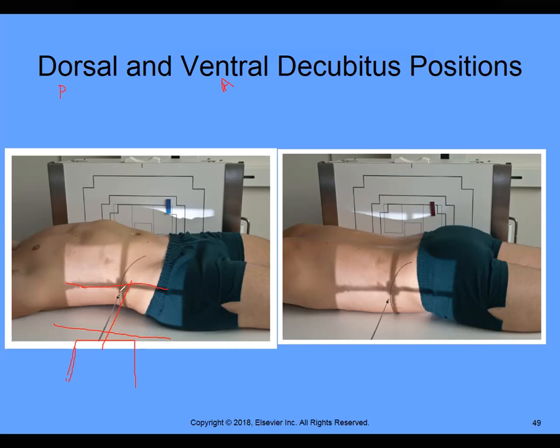And we're always going to describe the position by what is closest to the table. For example, this guy is lying down on his back. This is his dorsal, and this is his ventral. We don't refer to it as anterior or posterior. So this would be a dorsal decubitus position.